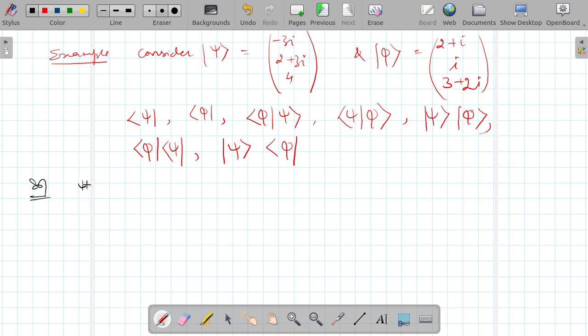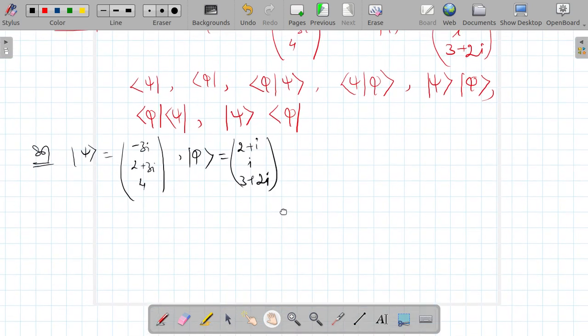So let us consider psi is a wave function, wave vector. It is represented by minus 3i, 2 plus 3i, and 4. And then this phi is equal to 2 plus i, 3 plus 2 iota.